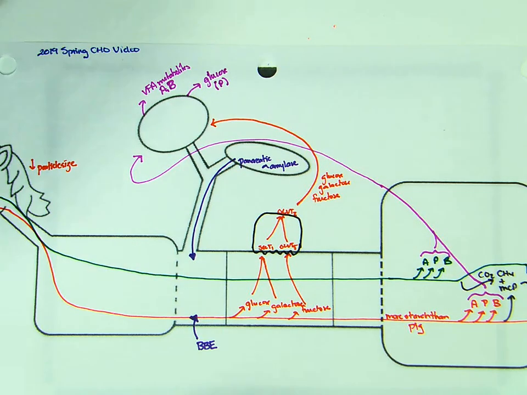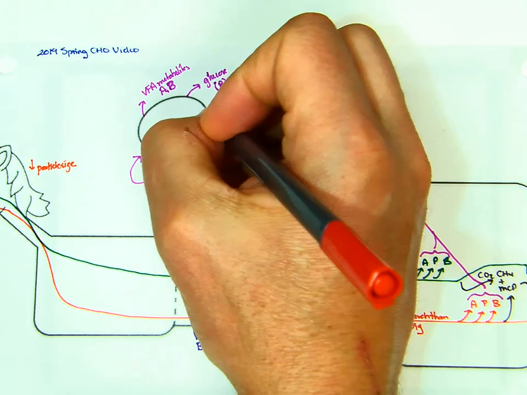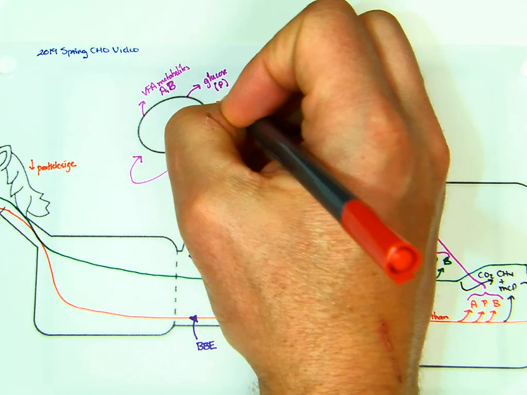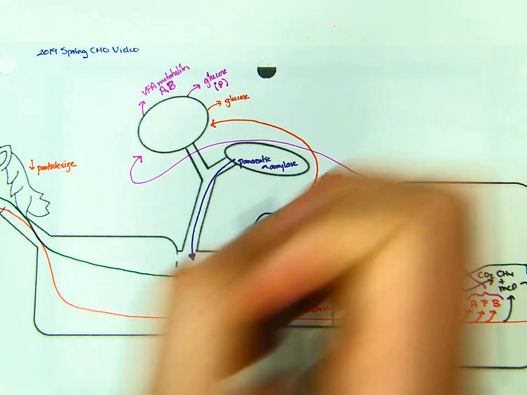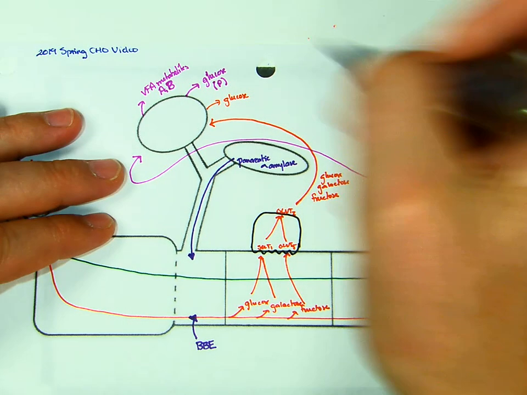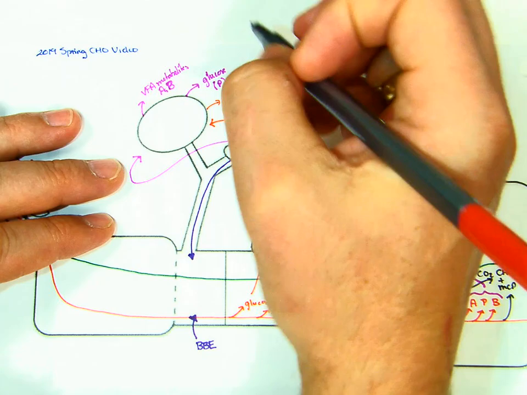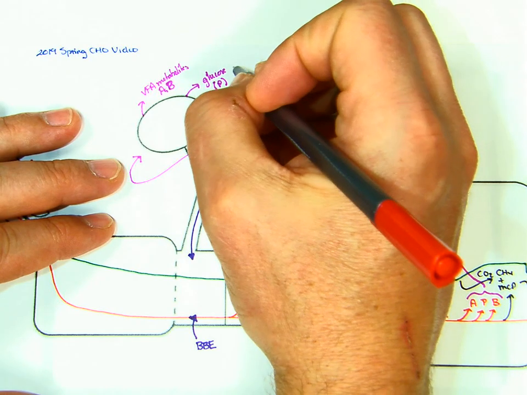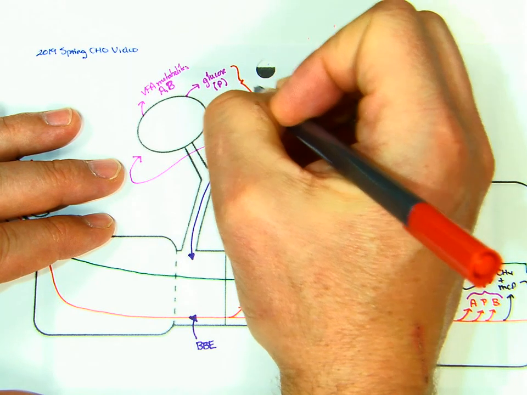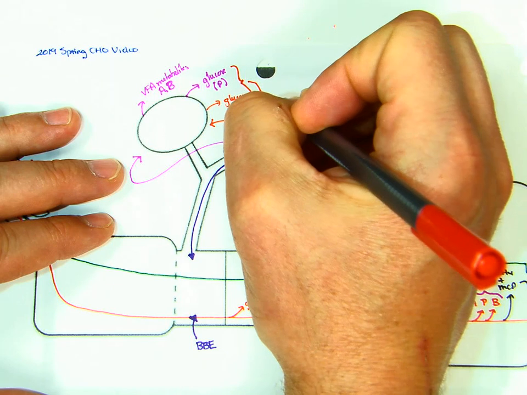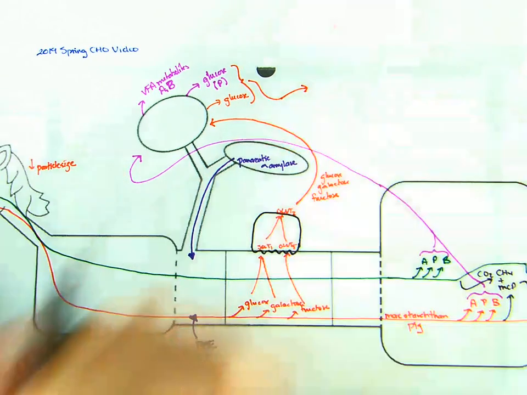Okay. Glucose is also going to be released from glucose and from galactose and from fructose, and then those will get combined together as glucose that goes to the body.